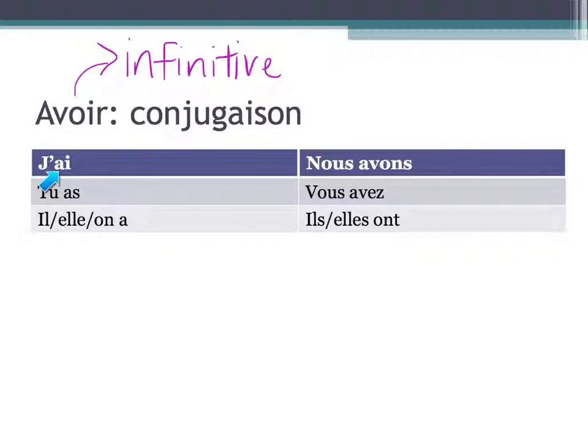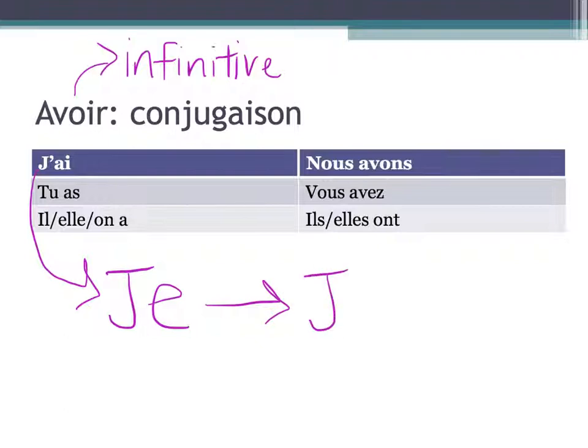And the very first one is going to be je, which I have shortened in this particular verb conjugation to j' to combine it with the verb. You don't do this with any other subject pronouns, okay? And the reason we did it here is because our verb starts with a vowel. So if the verb starts with a vowel, you're going to shorten je to just j', and then your verb, okay? And then after je, below that, you put tu. Okay, you're always going to put tu there, you, singular.